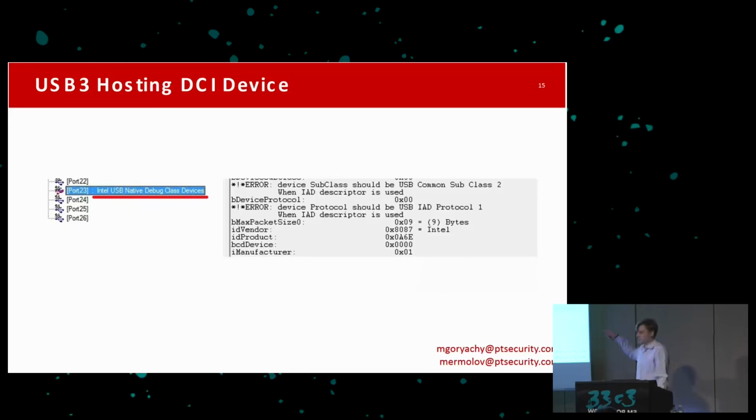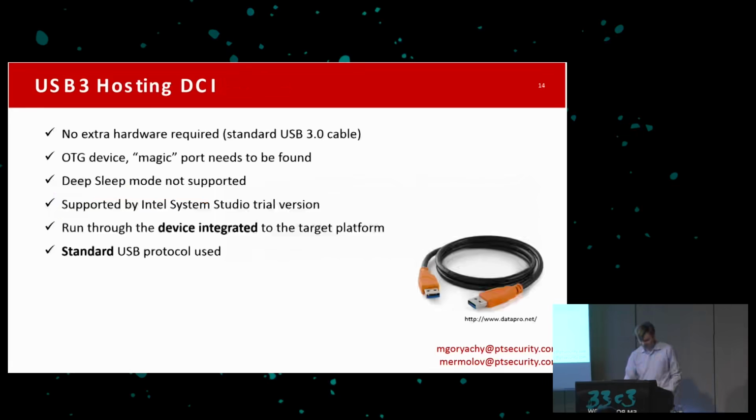It's a device on the motherboard, and commands are sent to this device through a common USB interface. The device itself is integrated into the platform control hub and it transforms the commands into JTAG.